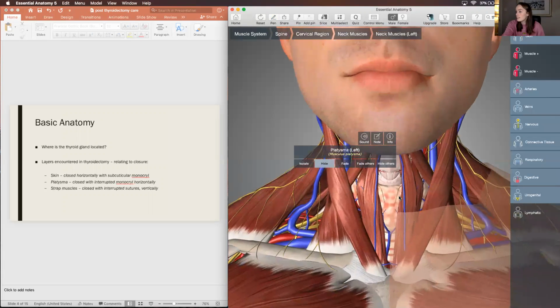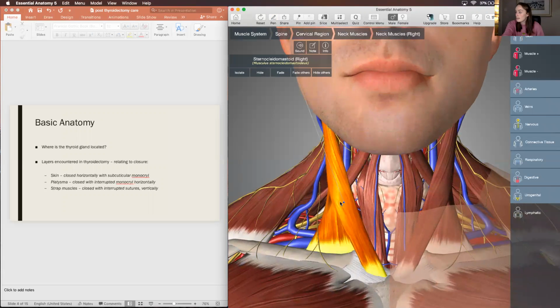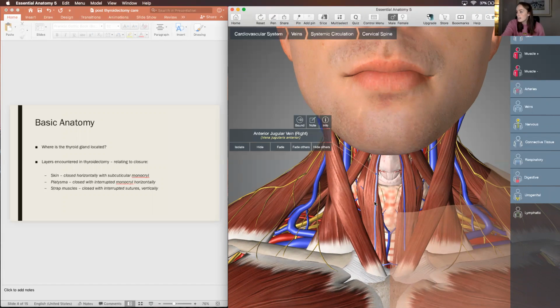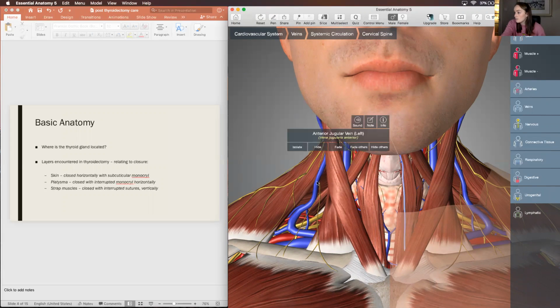Now, I briefly just wanted to show you the sternocleidomastoid because this was our lateral border of our anterior triangle. But more importantly, once you've dissected down, you'll come to what we refer to as the strap muscles of the neck. This anterior jugular vein will either be sacrificed or carefully avoided. And then you will get to your 2 set of strap muscles that are relevant to thyroid surgery.